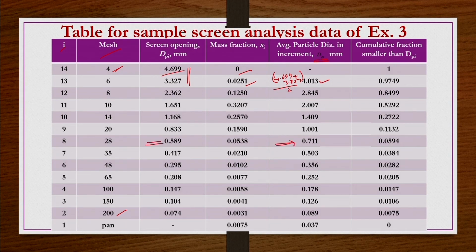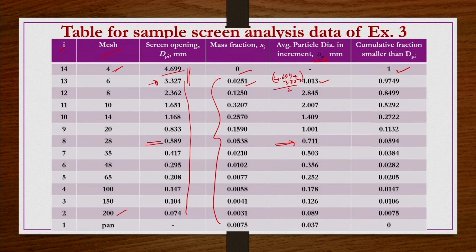Now, cumulative fraction smaller than dpi. The dpi here is 4.699, and we are doing only the smaller ones. What is the fraction of the material whose size is smaller than 4.699 mm? All of these from 3.327 onwards are smaller than 4.699 mm, so their corresponding mass fractions should all be added and written. Next, what is the fraction of material whose size is less than 3.327?